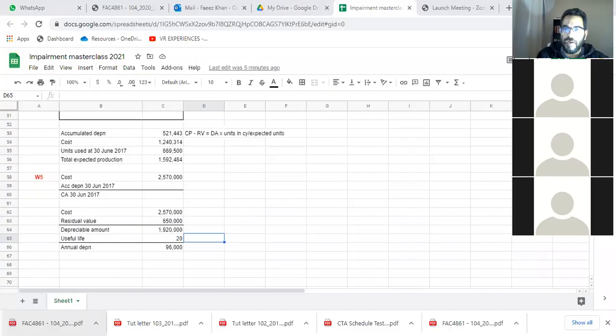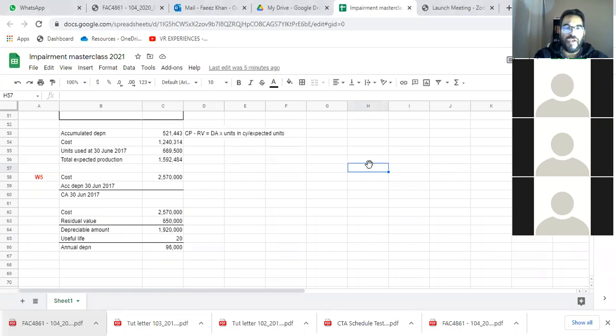Okay, so this gives us the annual depreciation. We're not interested in the annual depreciation. What we are interested in is accumulated depreciation. This asset was acquired 1 July 2013.